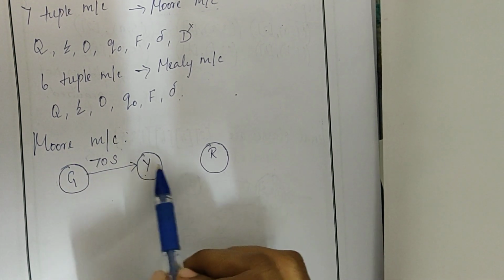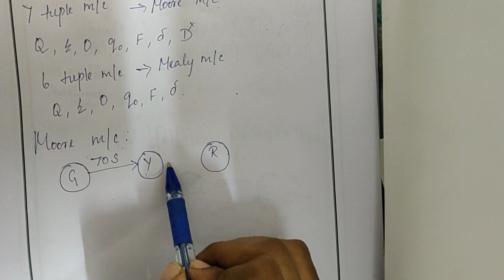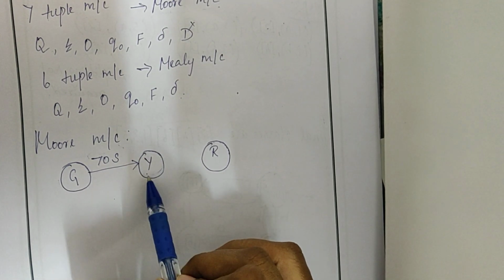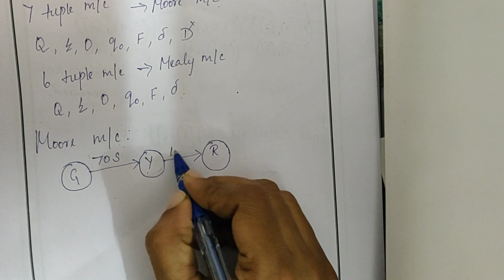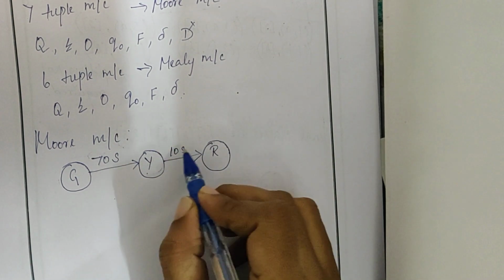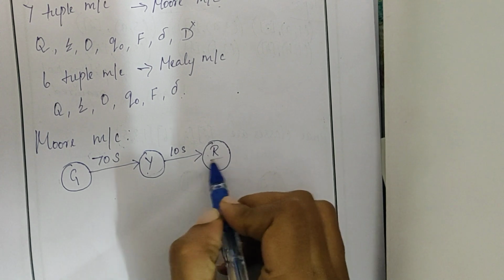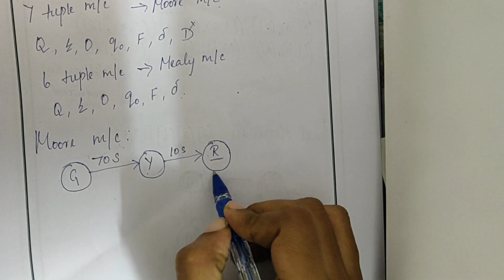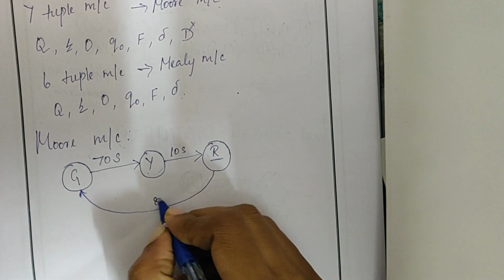This yellow state is associated with some output, that is, the yellow light should glow for some period of time, which I'll make 10 seconds. Once this 10 seconds is over, automatically there is a shift to red light. The red light will be there for, I'll write, 80 seconds.